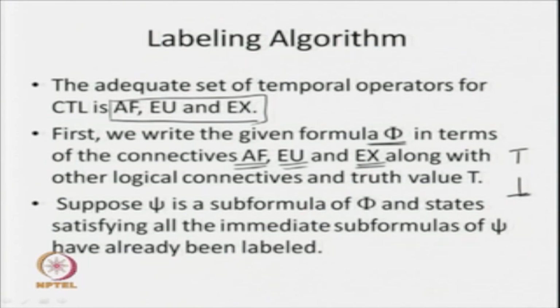So, if we are given any CTL formula phi, first we are going to express it with the help of these 3 operators, because we have some equivalence relations in CTL.